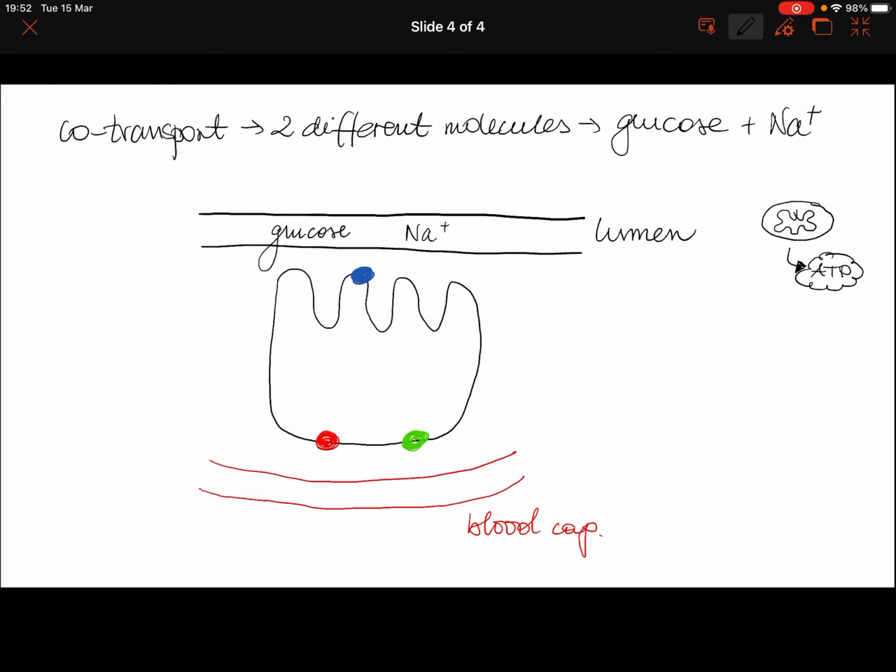So the easiest way of understanding co-transport is starting with the movement of sodium ions. Sodium ions are actively transported into the blood. So this is the active transport.